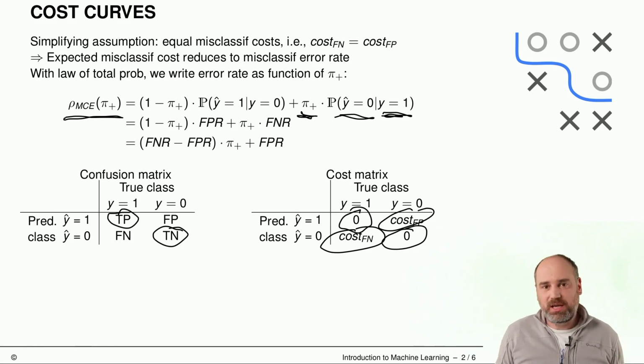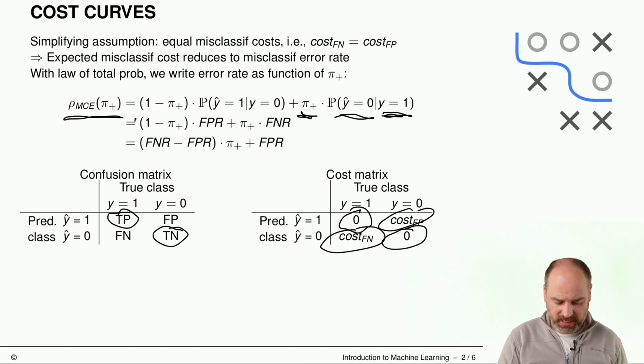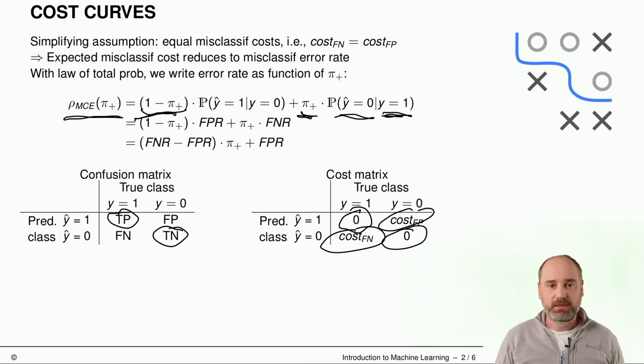And to that, obviously, we have to add the second case of sampling a negative example. So this would be pi minus, which is the same as 1 minus pi plus, times the conditional probability that we predict a +1, given that we are in the case of a negative example.